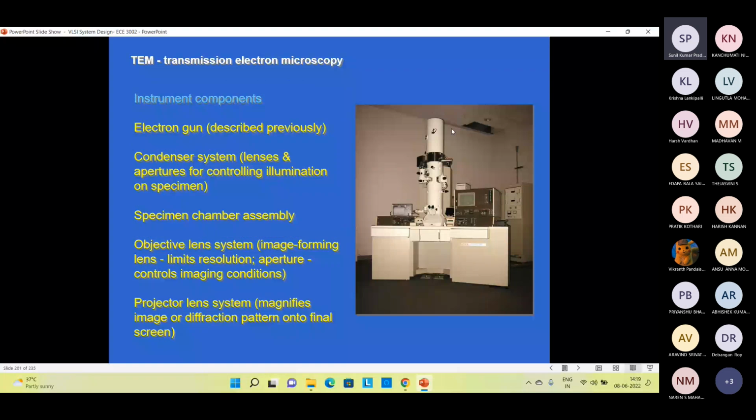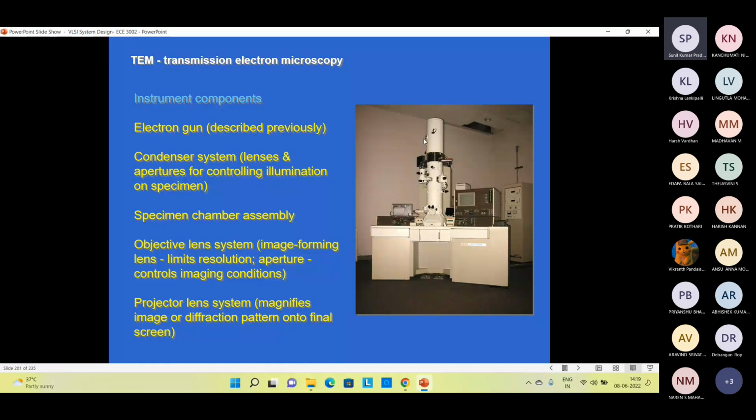Why this is possible with this instrument is that it is accompanied with many accessories and parts which make it possible to see our samples accordingly. One is the electron gun, depending upon what accelerating potential it is accompanied with.